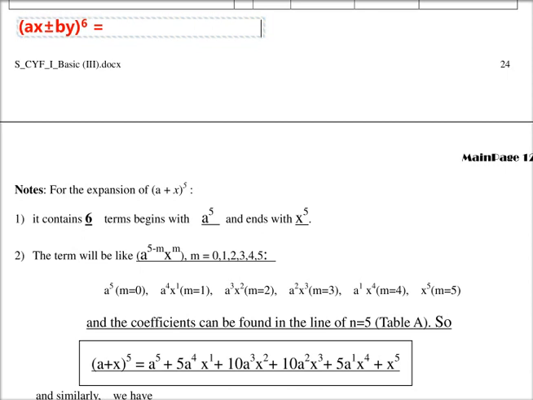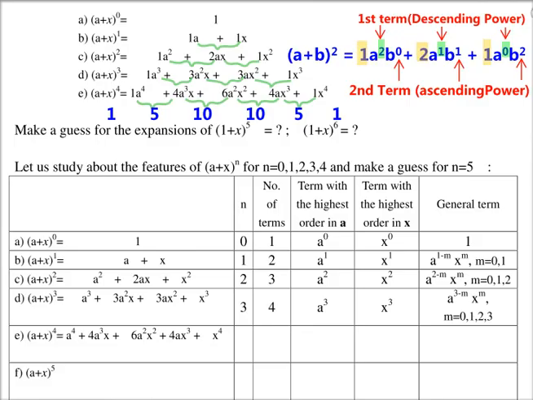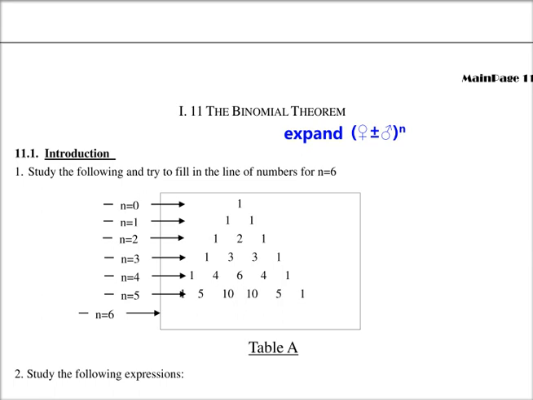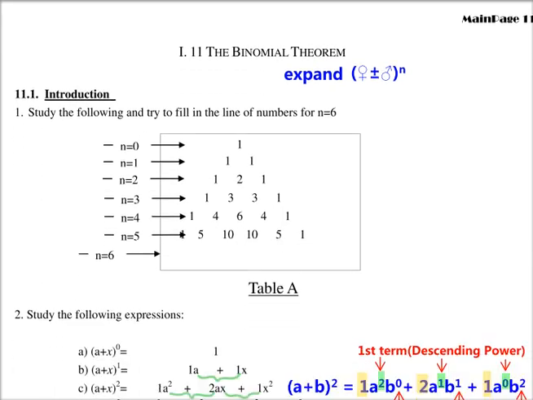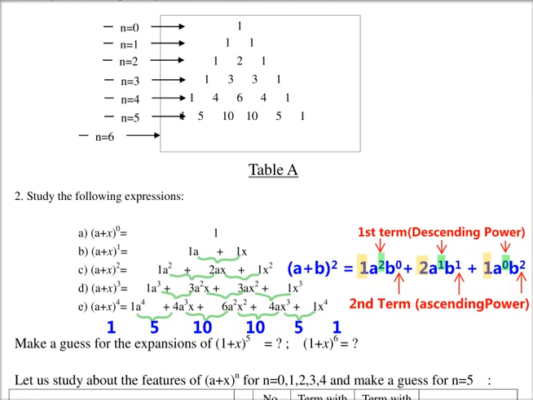First of all, you write down the coefficients first. For the previous case it was 1, 5, 10, 10, 5, 1. And for the next one, for the power 6, it's very easy.